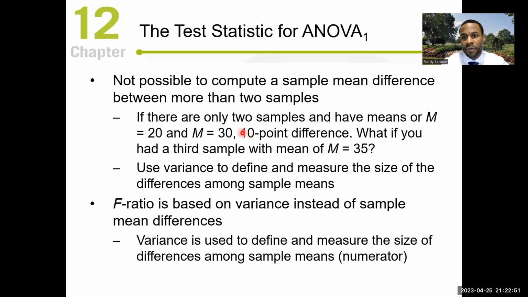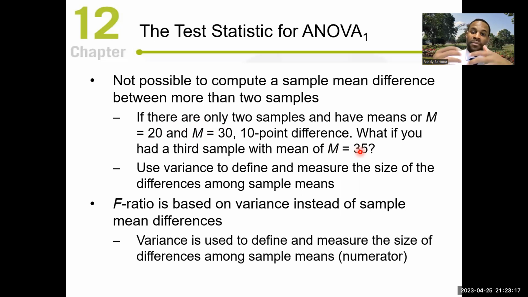If my first mean was 20, my second mean was 21, and my third mean was 22, that's very little variance among those three means. But in this case, we got 20, 30, and 35. That increases the variance a lot more, which increases the likelihood that I may get a significant mean difference.